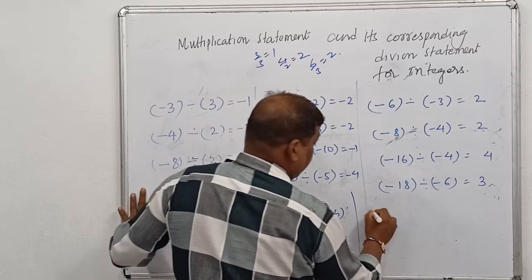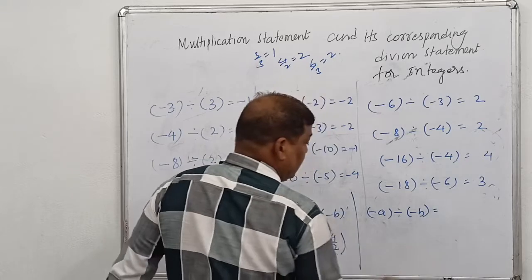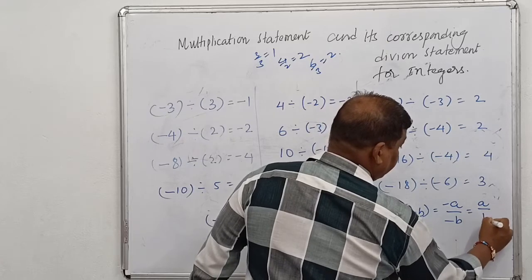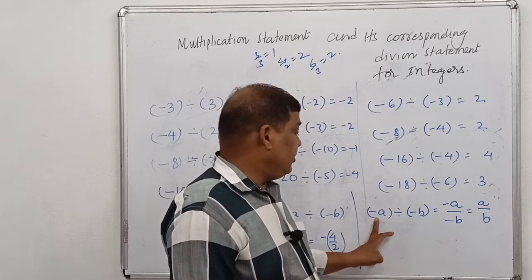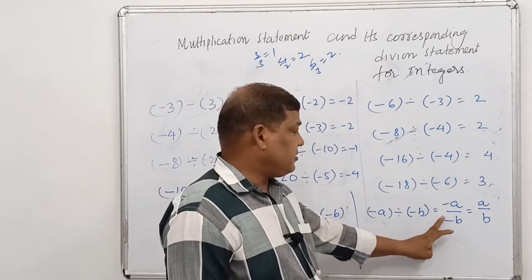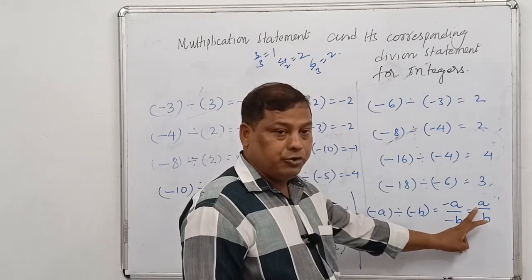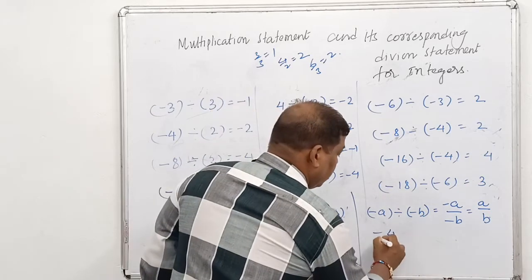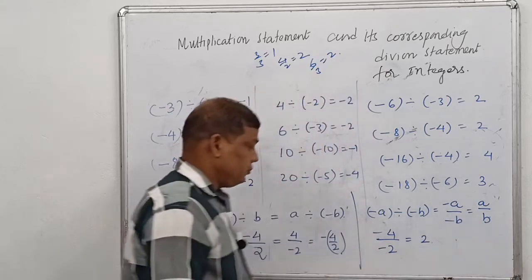So minus a divided by minus b, that means minus a by minus b, is equal to a by b. When we divide a negative integer by a negative integer, we divide them as whole numbers, then we put a positive sign before the quotient. So minus 4 divided by minus 2 is equal to 2.